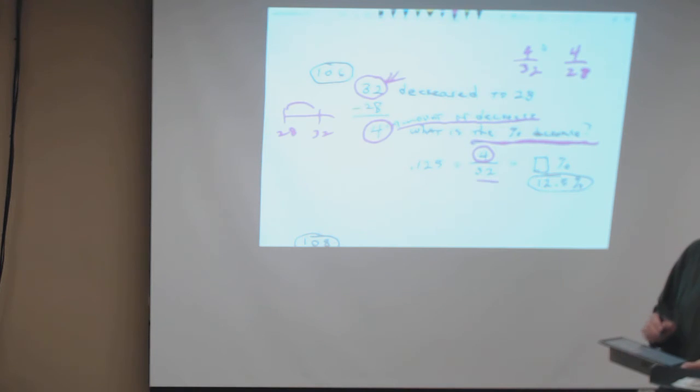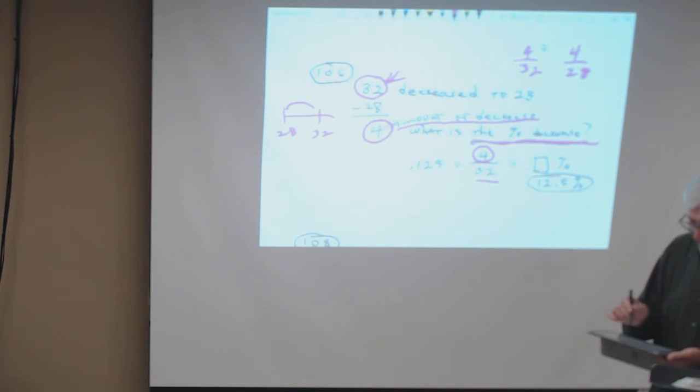So 32 is the number that you're working with. You start with 32 and went down 4. If it would have said what's the percent of increase, you would have started with 28 and went up to 32. So that means it would have been 4 over 28. You follow? You always have to go back to your problem and say, what number did I start with when I'm calculating increase or decrease? And then once I find the difference, I put that number over my starting point. And what does that come out to be?